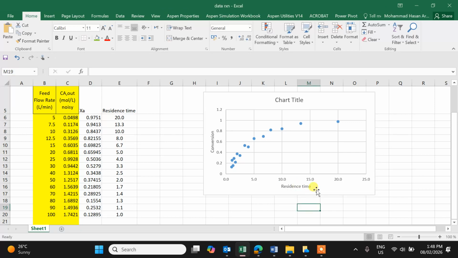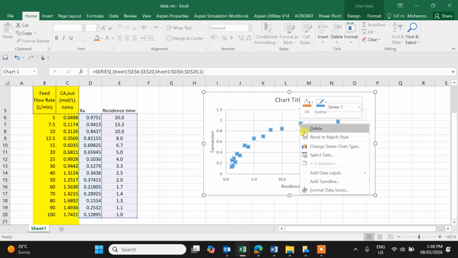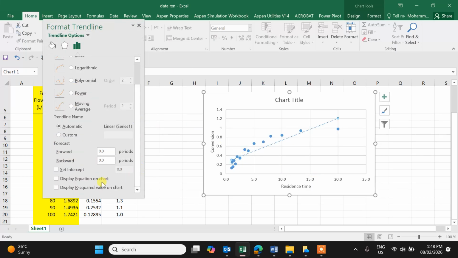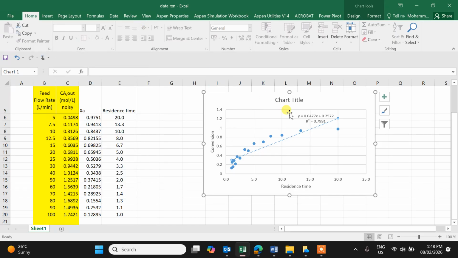So now how to fit this trend? You can see that it's not linear, right? Whenever you have experimental data, there is a temptation to fit a trend line, and most of the time the trend goes for linear. Even if you fit a linear one, you can see R square is around 0.8, and one can say it's okay, it's fitting, not bad.